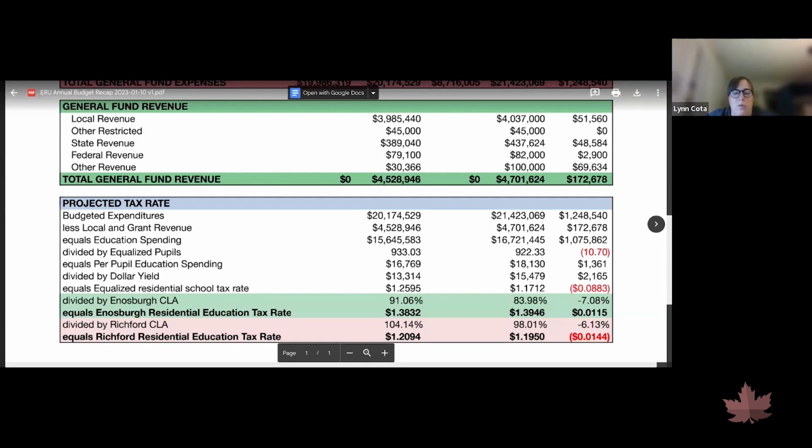I know 6.2 percent, Morgan, we wish it wasn't that, but at the same time, even with the CLA increase, we're bringing in a budget that's going up a penny in Enosburg and down a penny in Richford. I think across the state, you're going to see significantly higher impacts than what we're proposing.